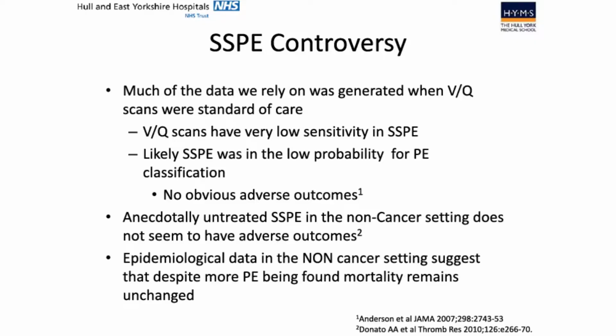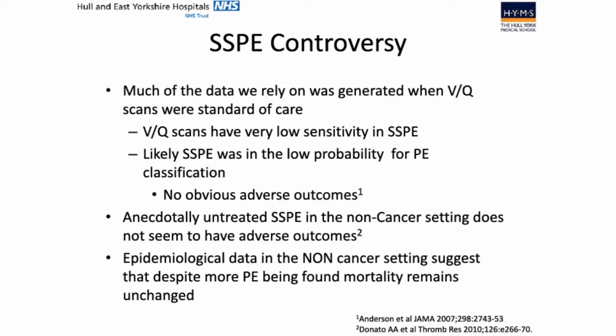So where does the controversy lie? Well, first of all, much of our data was derived from when we had VQ scans. And we now know from a randomized trial that VQ scans would miss SSPEs and some segmental PEs, classifying them as low probability scans for a pulmonary embolism. But when you did a CTPA on these patients, you picked up more of these clots.